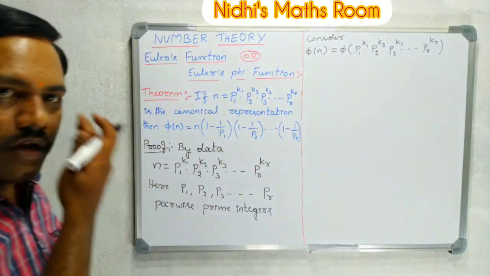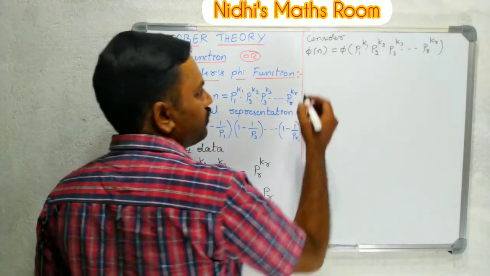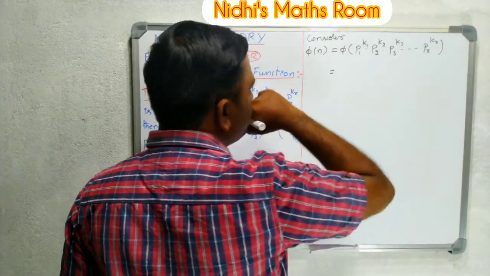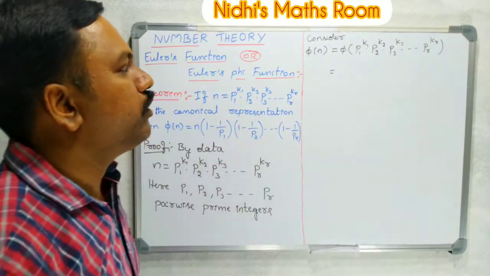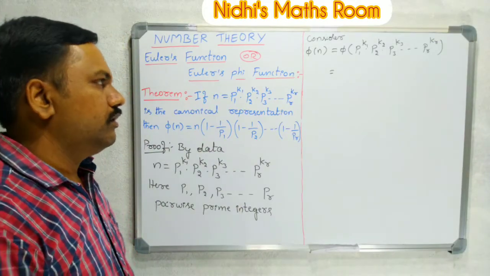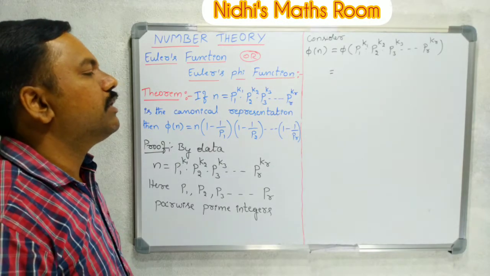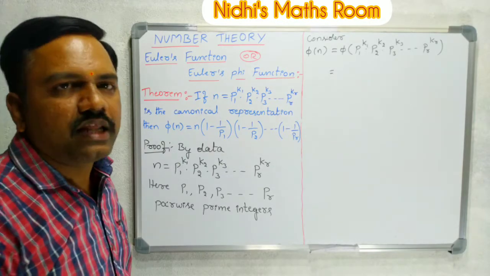Is it clear? No doubt this phi is a multiplicative function. So in the previous classes I already told you how phi is a multiplicative function. I told you in much earlier classes how it becomes a multiplicative function.